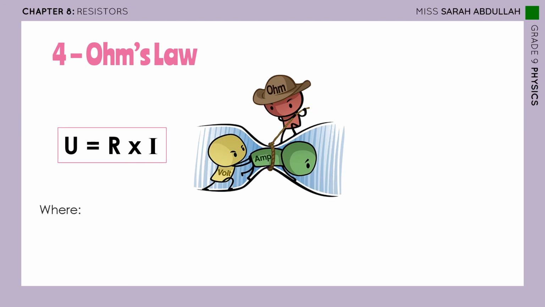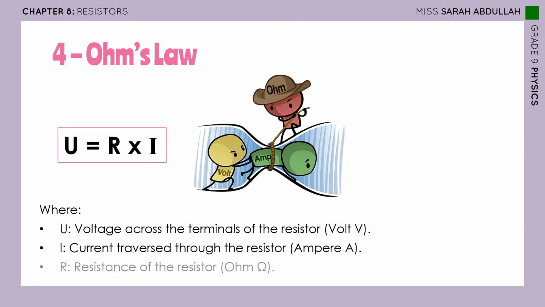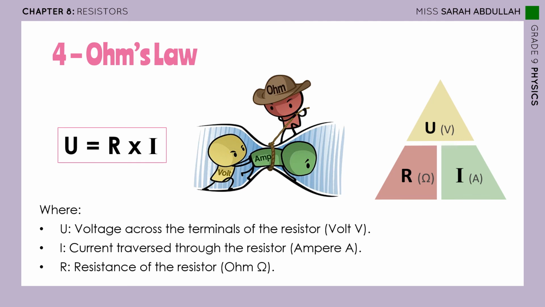So this is the formula, and U represents the voltage across the terminals of the resistor. It is in volts. I is the current traversing the resistor. It is in amperes. And R is the resistance, which is in ohms. This formula reminds us of the famous triangle that we know, which is this one.